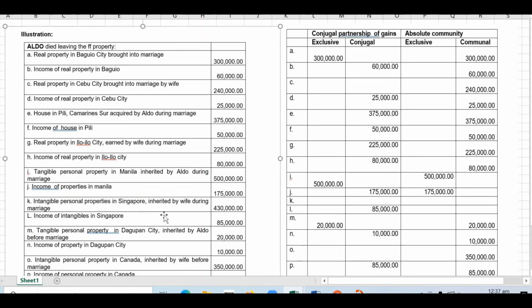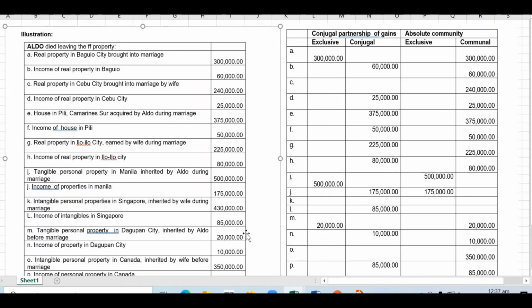Ito, letter K. Intangible personal properties in Singapore inherited by wife during marriage. So pag na-inherit ng wife during marriage, exclusive siya ni wife. So under both systems, exclusive siya ni wife. All properties inherited during marriage form part of the exclusive property under conjugal partnership of gains and absolute community. So it shall not form part of the gross estate for both systems.